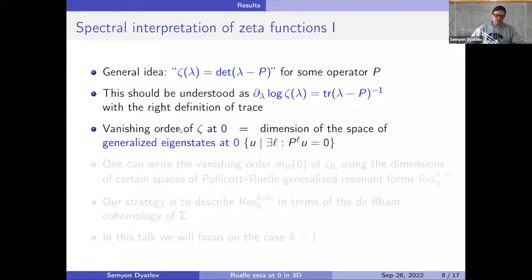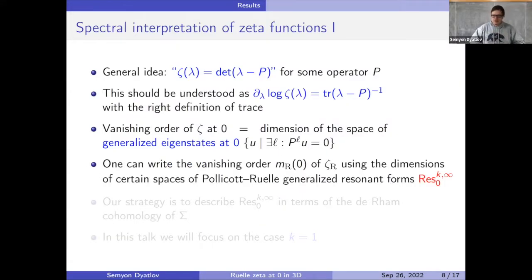Then one expects that the vanishing order at 0, as I said before, should be the space of generalized eigenstates of this operator at 0. For the Ruelle zeta function, the situation is a little bit more complicated because instead of a determinant, I think in supersymmetry they would call it a super determinant, which just means it's an alternating product of determinants.